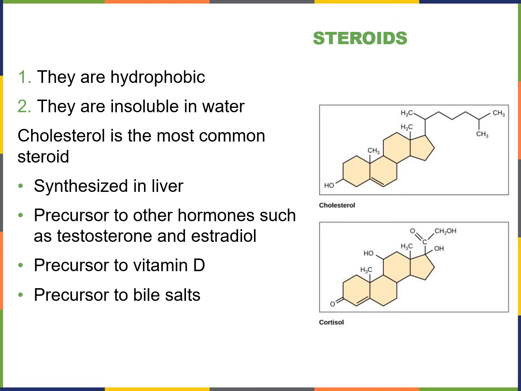Many of these are going to be synthesized in the liver, spleen. You take cholesterol, you cut parts off, you twist, you tweak, you cut, you paste, you get our hormones such as testosterone, estradiol.